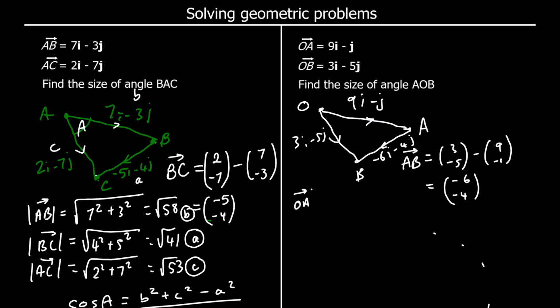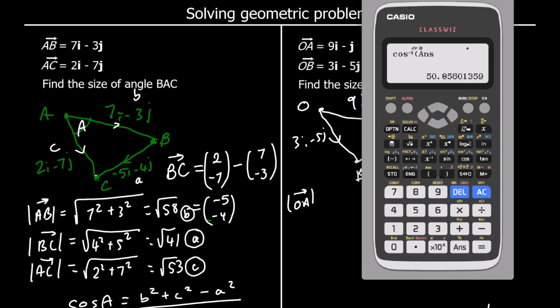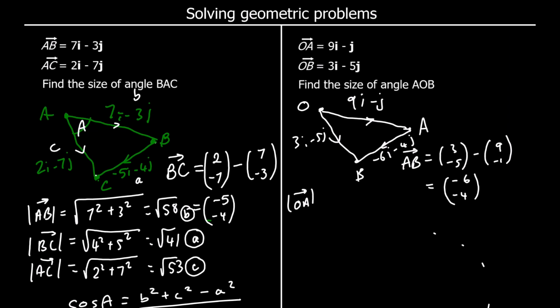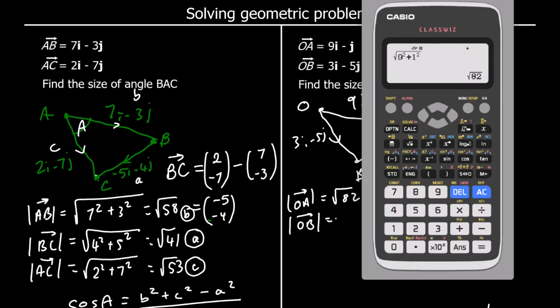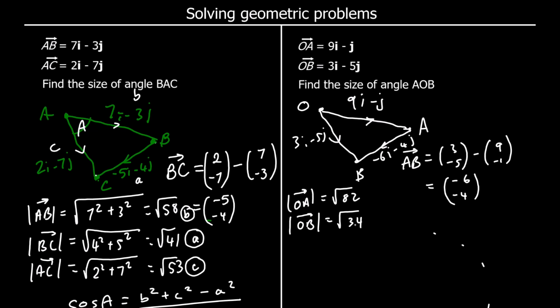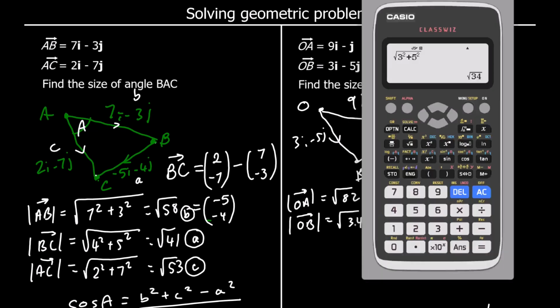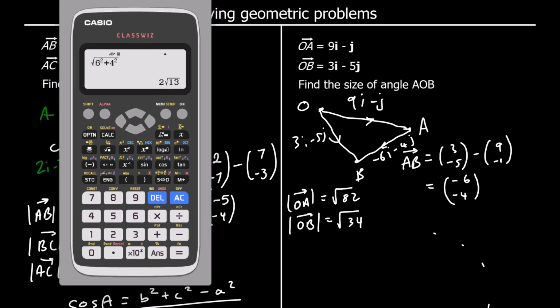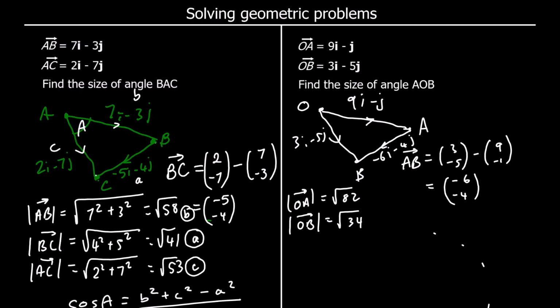The magnitude of OA is square root 9 squared plus 1 squared, which is root 82. The magnitude of OB is square root 3 squared plus 5 squared, which is root 34. And square root 6 squared plus 4 squared, the magnitude of AB, is 2 root 13.